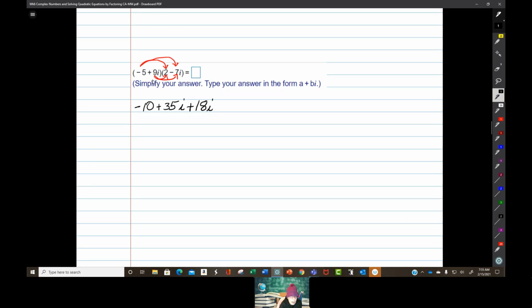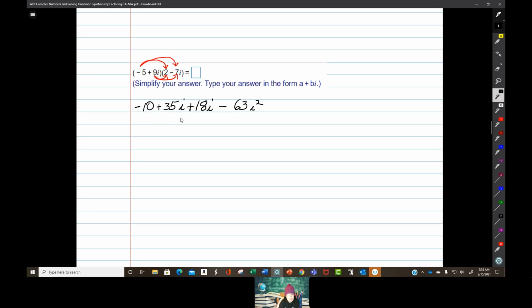And positive 9i times negative 7i is going to be minus 63i squared. Let me make sure that's right. 9 times 2 is 18. 5 times 7 is 35. And 5 times 2 is 10.